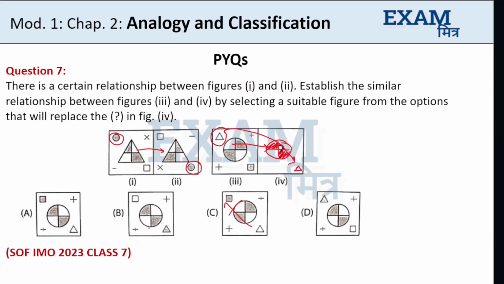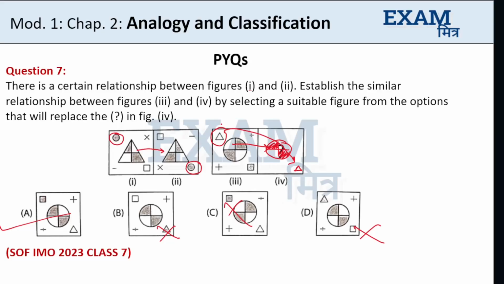So do you have such figures? The triangle must be at bottom right and it must not be completely filled. So yes, you can see this is a filled triangle, this is a square. So option A goes with our answer.